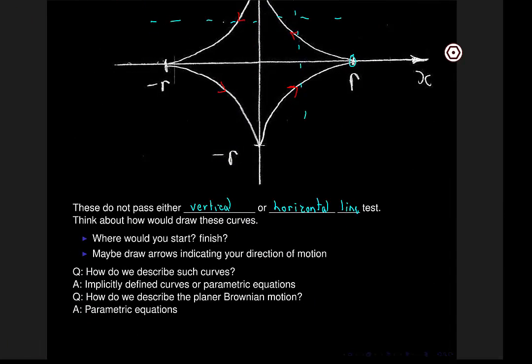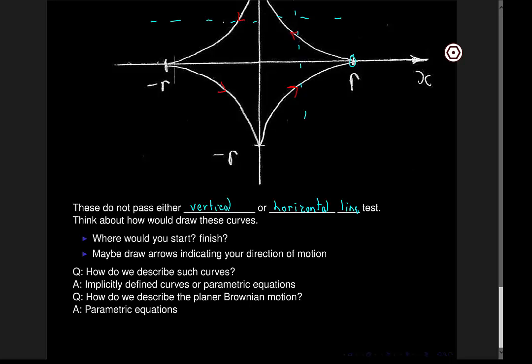And so in closing, I'd ask you these questions. How do we describe such curves? Well, we've all come across equations like x squared plus y squared equals 1 for the unit circle. That would be an example of an implicitly defined curve. Or a parametric equation, which is where we're heading when we're drawing this.